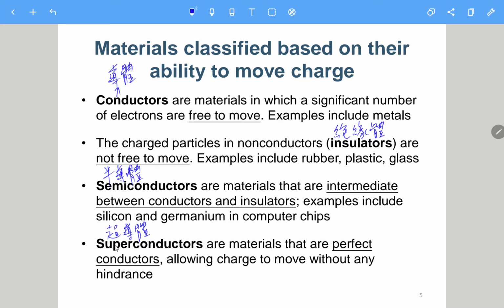So we cannot see superconductors very often, because the superconductor phenomenon occurs at very low temperature. Originally they found superconductivity, I don't know which scientists, I think with liquid helium.